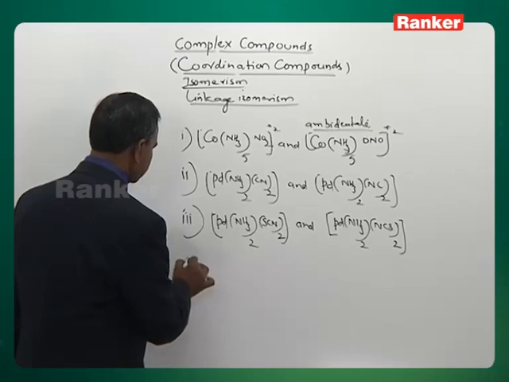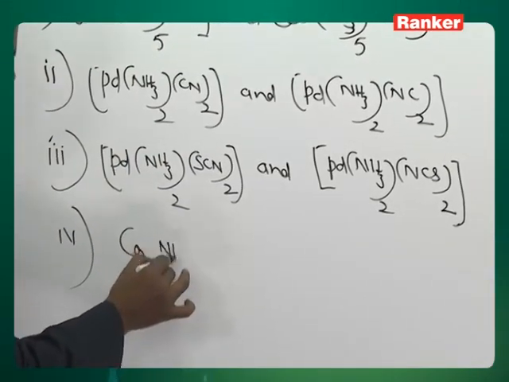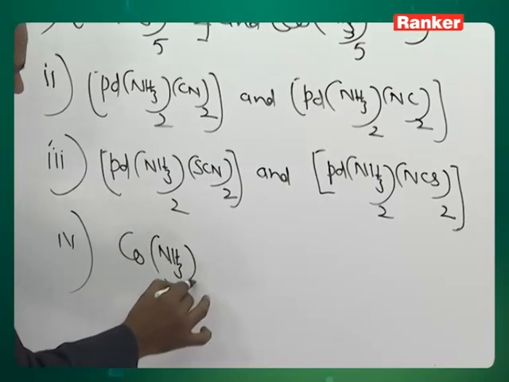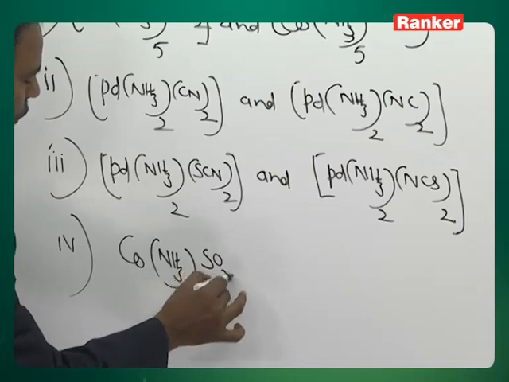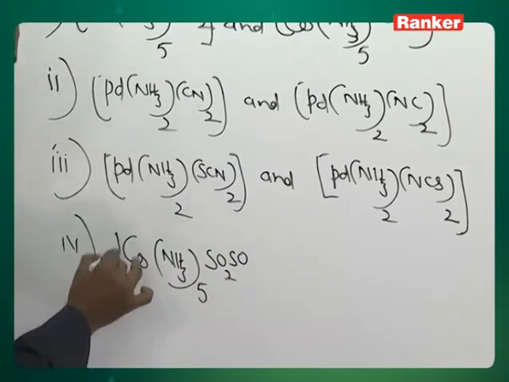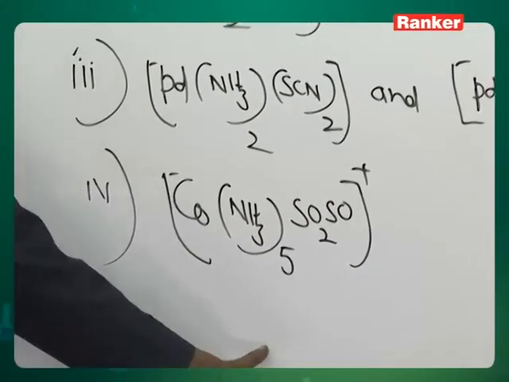Next, as a fourth example, you can take Co(NH3)5 with SO2 S, the thiosulfate ligand. This is linking through the sulfur atom.